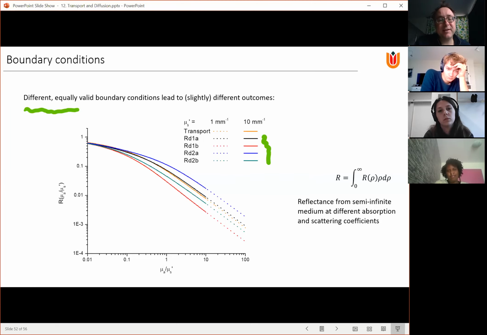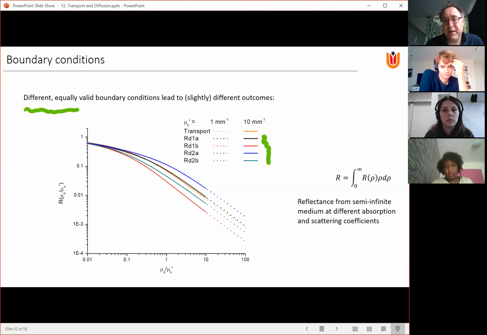As you can see, the outcomes have the same behavior, the same overall effect, but they are slightly different. That may seem a little bit strange, because the boundary conditions are equally valid.